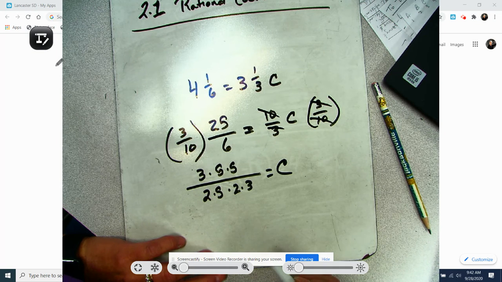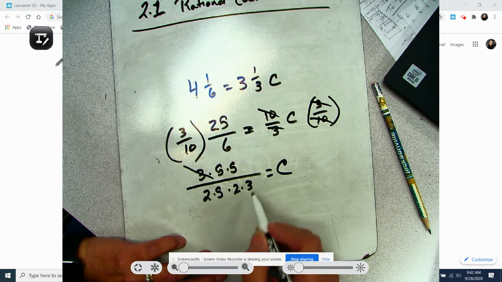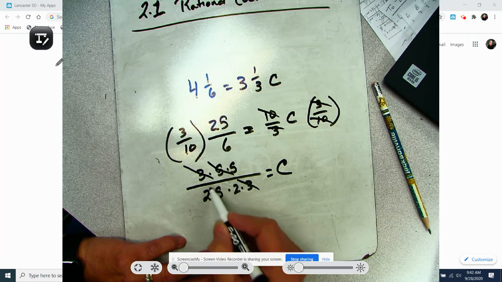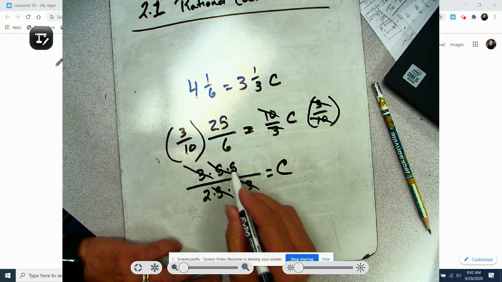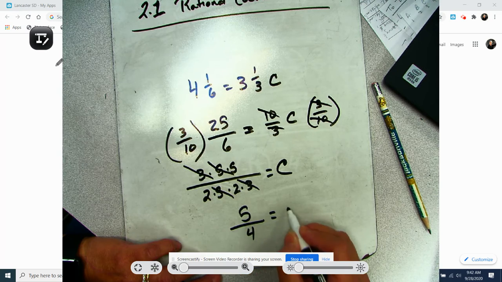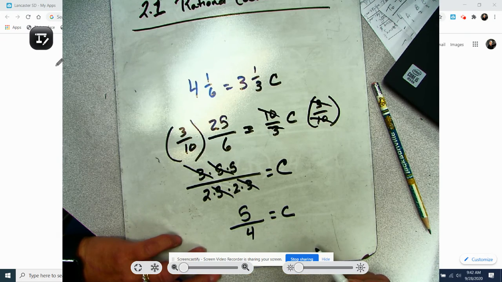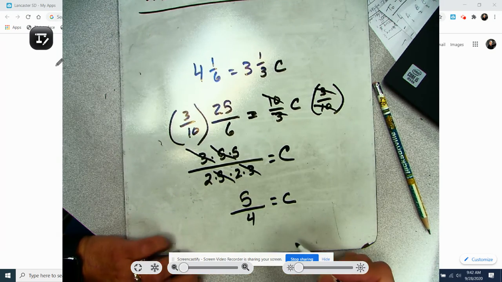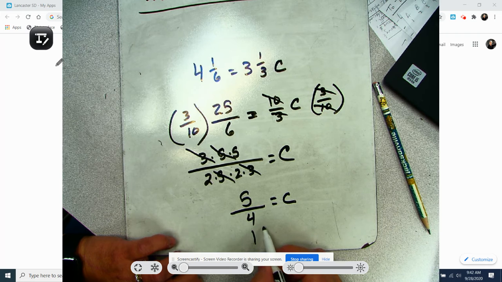So I can cancel easier. 3 cancels 3, 5 cancels 5. We're left with 5 on top, and 2 times 2, which is 4 on bottom, and that's your answer. Now you can leave it as an improper fraction, that's fine, or you can change it to a mixed number, and that would be 1 and 1/4 to be what C is.